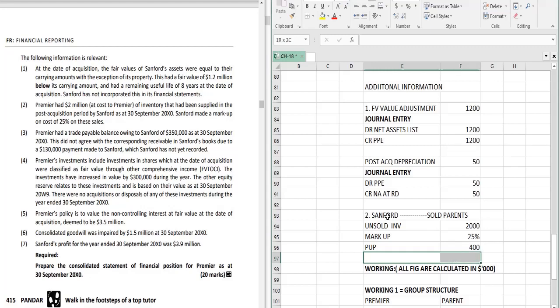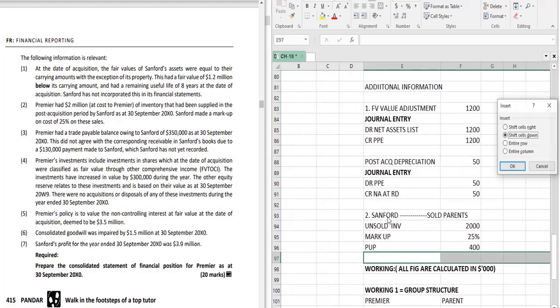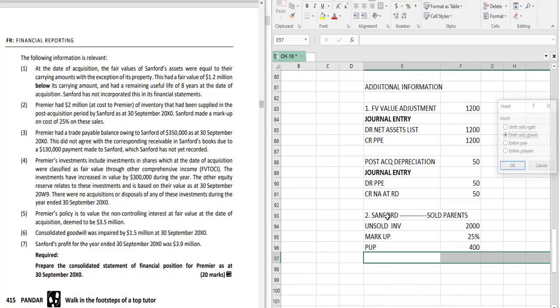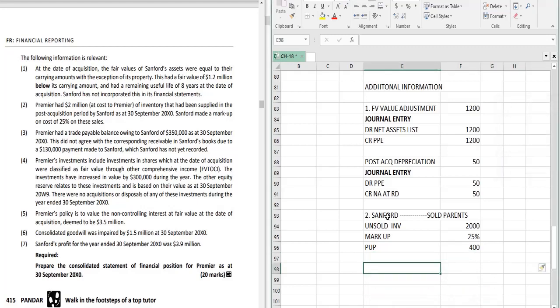So next information in additional points, okay, so number 3. Premier had a trade payable balance owing to Sanford of 350,000 as of 30 September 20x0.